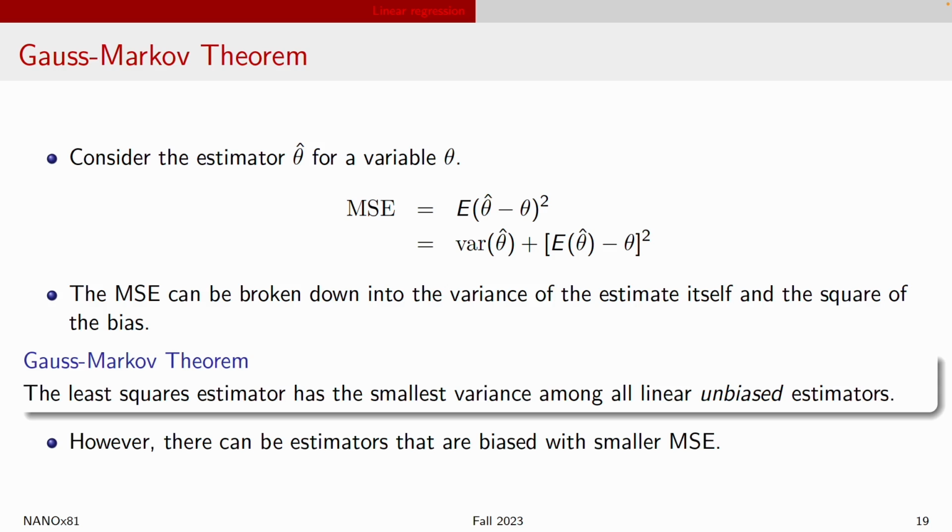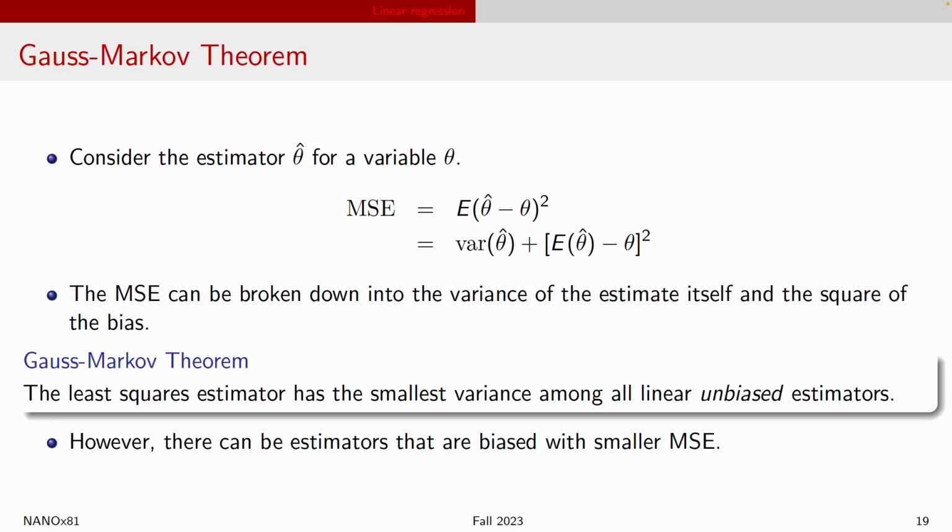You just expand this theta hat minus theta squared, and you basically get this expression over here. So what does this mean? This means that the mean square error for an estimator can be broken down into two components: the variance of the estimator itself, and the square of this thing, which is called the bias. It is essentially the square of the difference between the average of the estimator and the actual variable itself, okay.